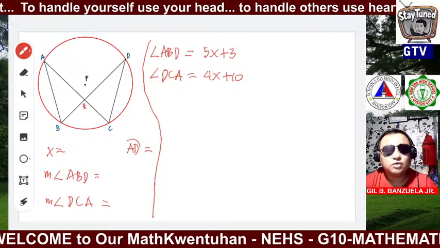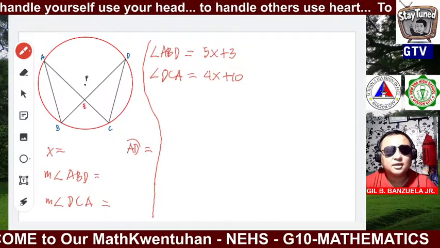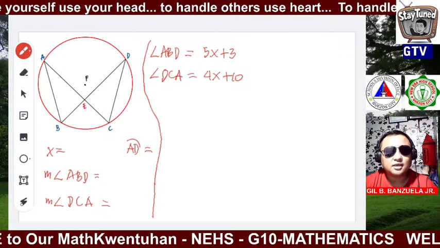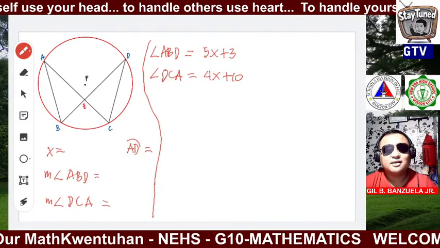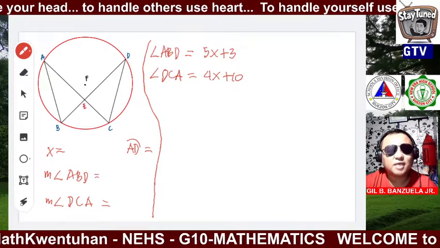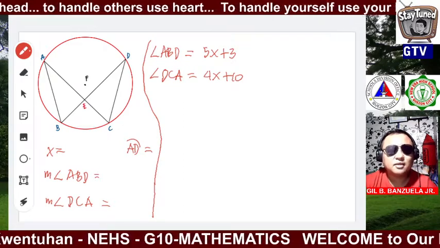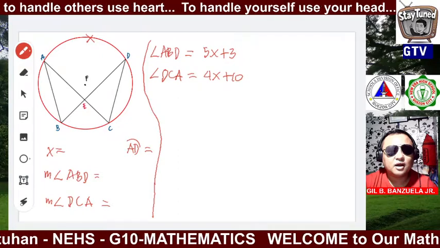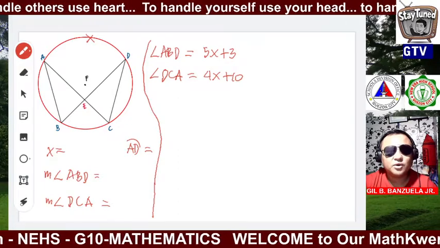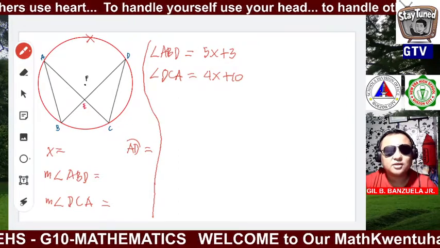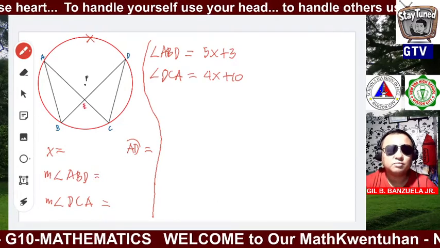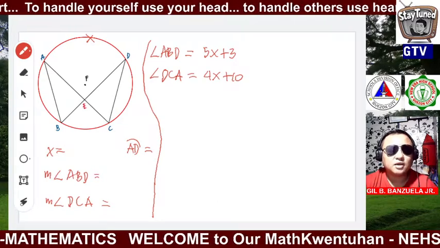Okay. So, what do we know about angle ABD and angle DCA? Correct. They are both inscribed angles that intercept a particular arc which is AD. So therefore, dahil isang arc lang ang intercept nila, according to the theorem that we've discussed a while ago, they are equal.